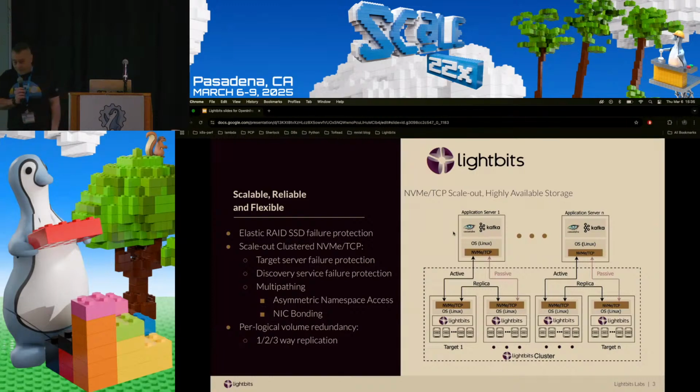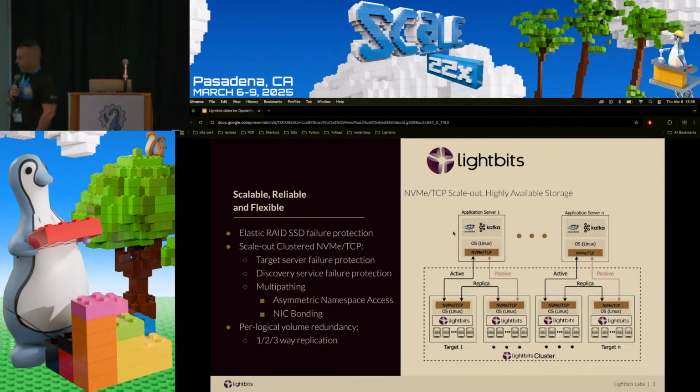This is basically how it looks. Let me explain a little bit about NVMe over TCP. Each client, whether it is bare metal, OpenStack, or Kubernetes, is just using the NVMe over TCP protocol to access the targets, and they are completely aware of where the targets are and of new targets that are being added.